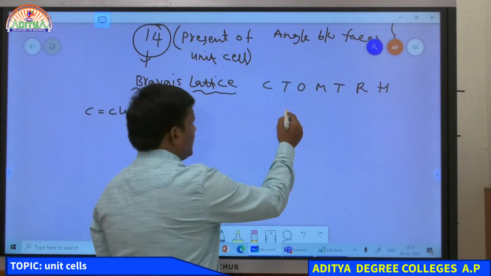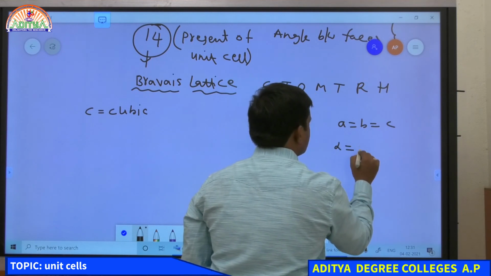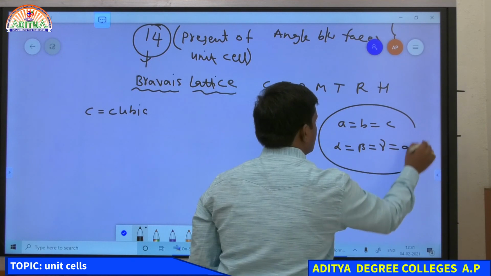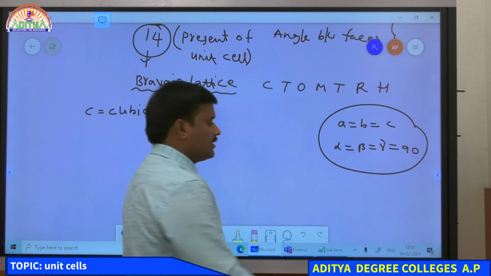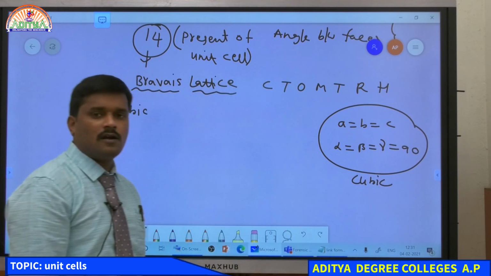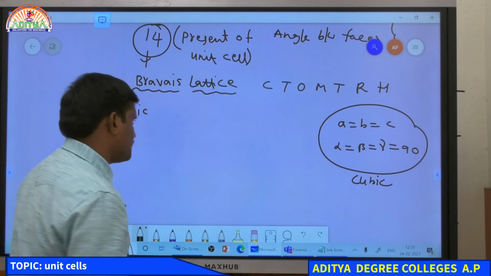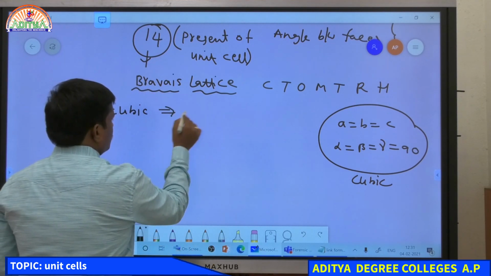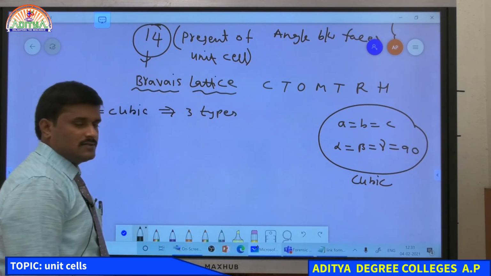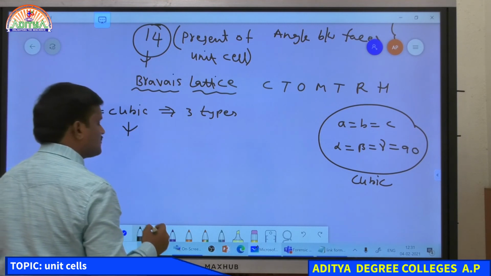It means it has A is equal to B is equal to C, as well as alpha is equal to beta is equal to gamma is equal to 90 degrees. So, these are the physical parameters for a cubic crystal. Now, this cubic crystal is further divided into 3 types based on the presence of unit cell.